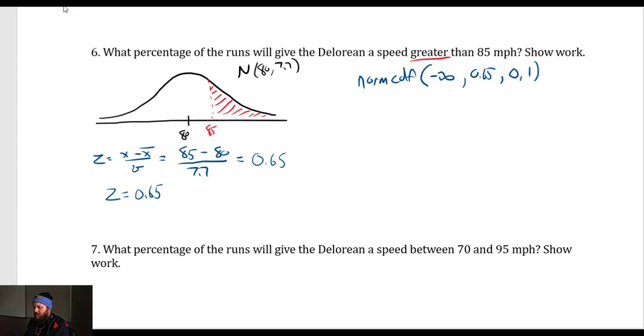So again, this is our lower bound, upper bound, our mean, and our standard deviation.